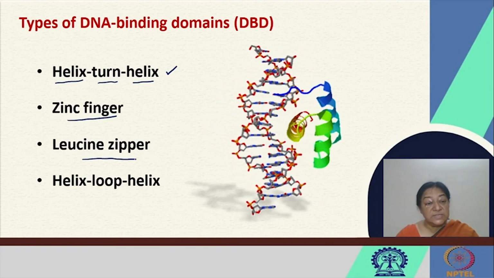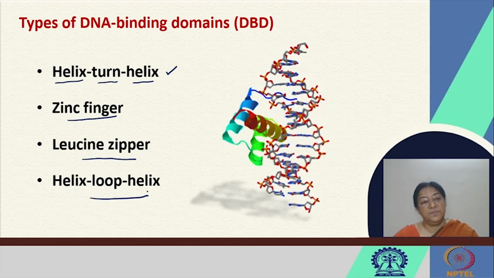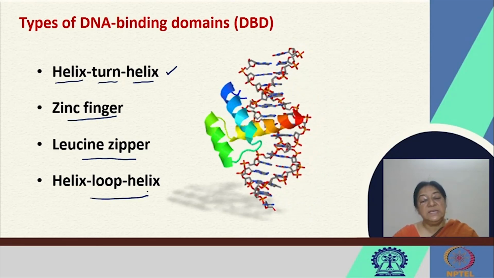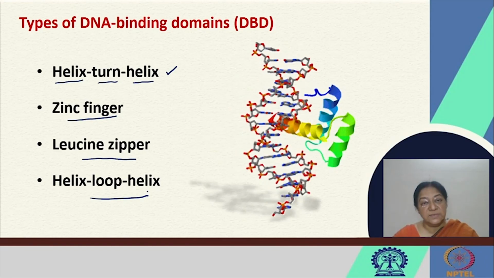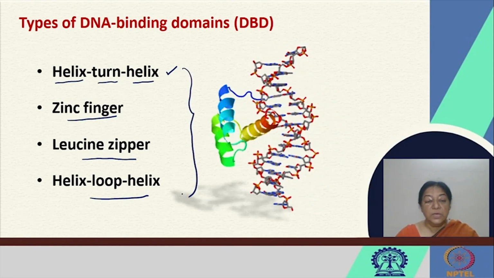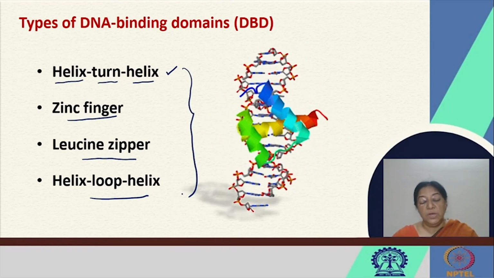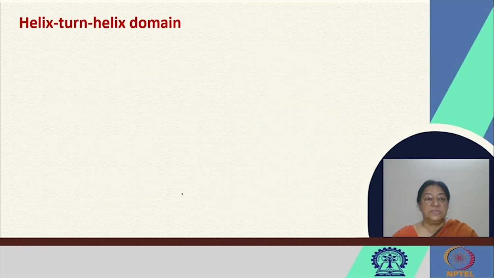Another is the leucine zipper and the helix loop helix. Each of these comprises a DNA binding domain, which means that their structural characteristics are such that they are going to be binding to the DNA molecule for specific structural and functional reasons.